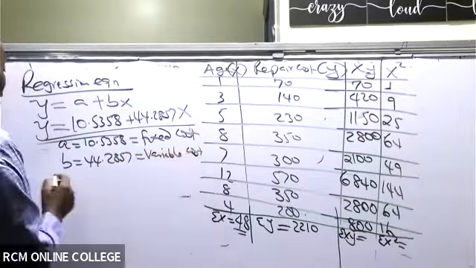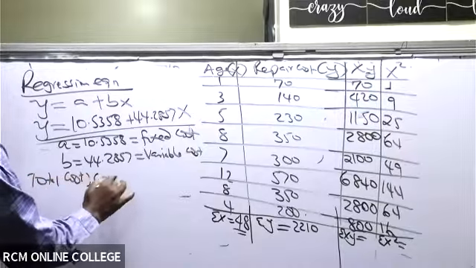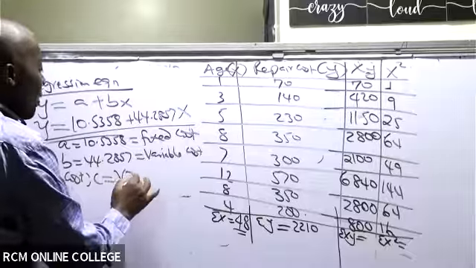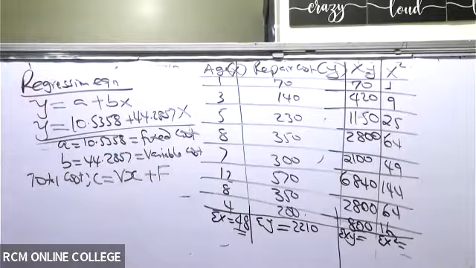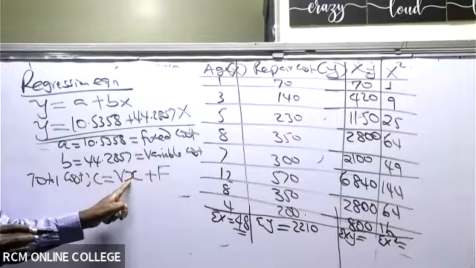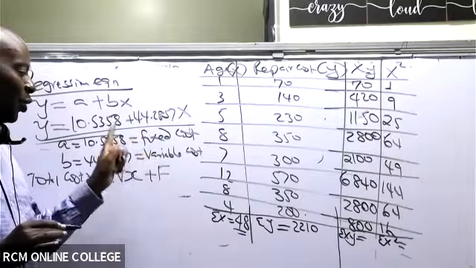Ladies and gentlemen, remember generally our total cost C equals Vx plus F. The one that has got X is what varies, so this is the variable cost.